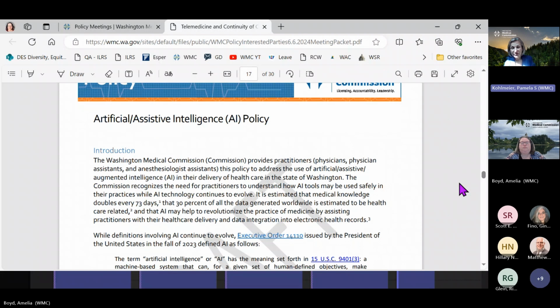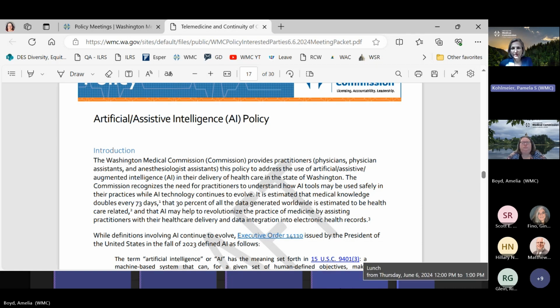And the reality is this technology is taking off so fast, it's hard to stay on top of it. Policy development takes a while, and the technology itself is taking off. So it's hard to create a policy that's going to address something as it keeps evolving.